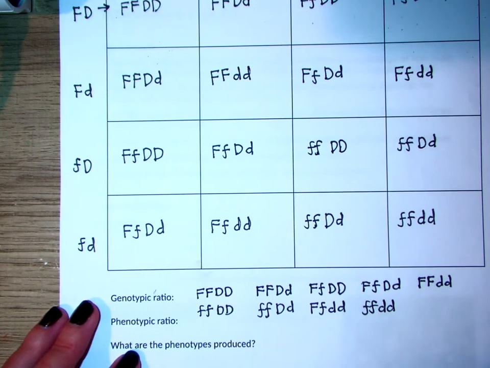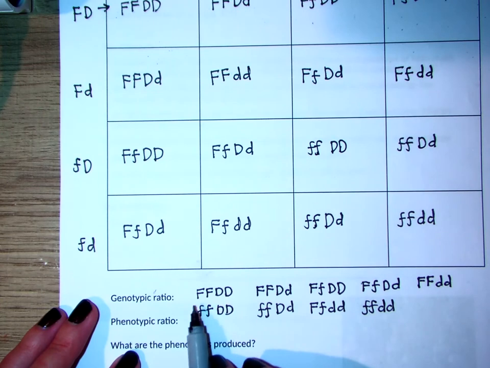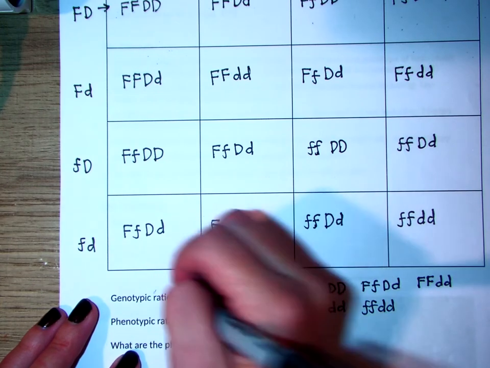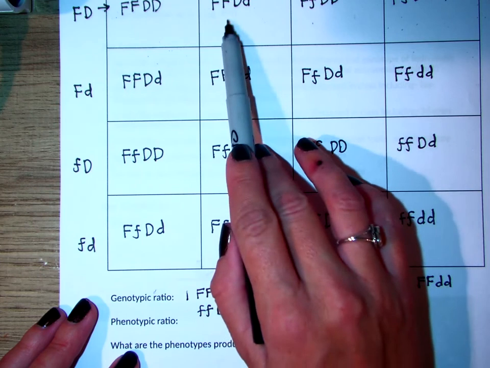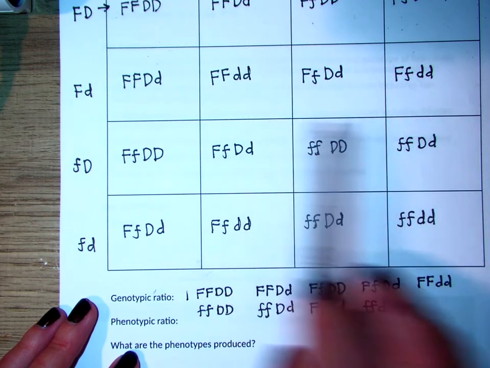Alright, so we can go ahead and count these up. How many big F, big F, big D, big D's do we have? Looks like we have 1. Big F, big F, big D, little d: we've got 1, 2.